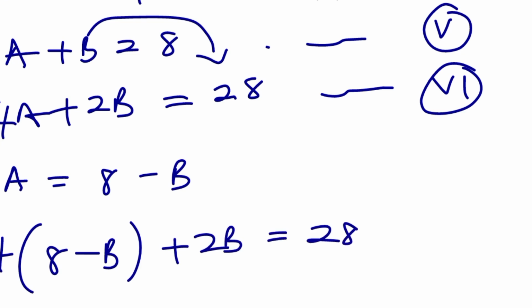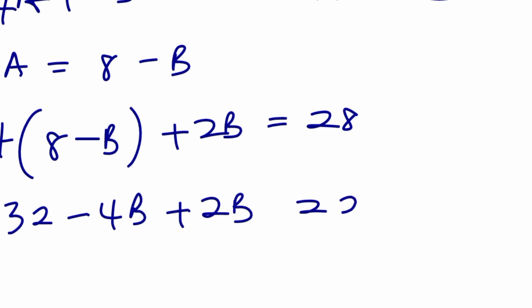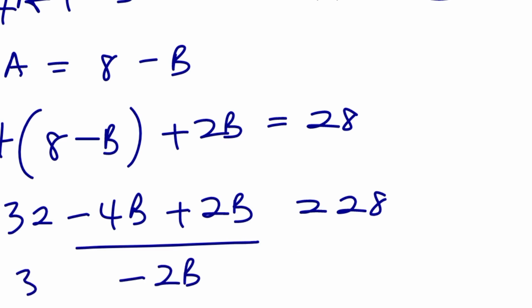So we can say that 4 times 8 is going to give us 32. Then 4 times minus b is minus 4b. Then we are left with plus 2b equals 28. So we can simplify this. Minus 4b plus 2b is going to give us minus 2b.